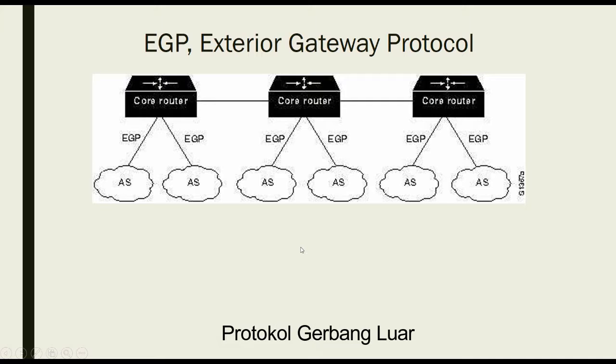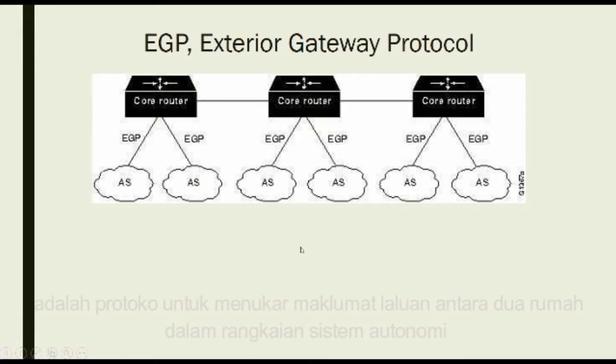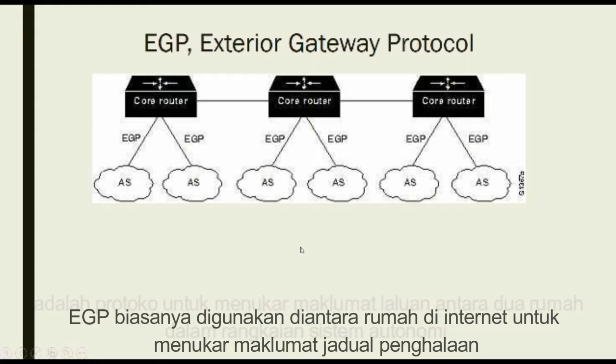EGP, Exterior Gateway Protocol. Exterior Gateway Protocol (EGP) is a protocol for exchanging routing information between two neighbor gateway hosts, each with its own router in a network of autonomous systems. EGP is commonly used between hosts on the Internet to exchange routing table information.